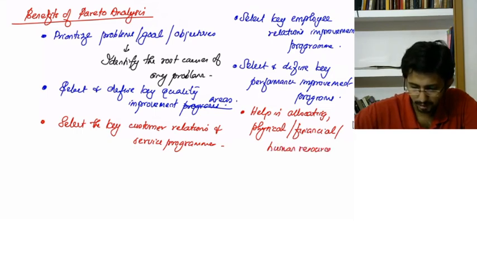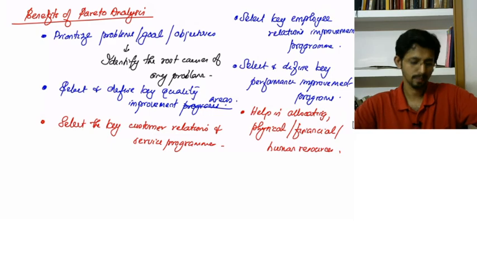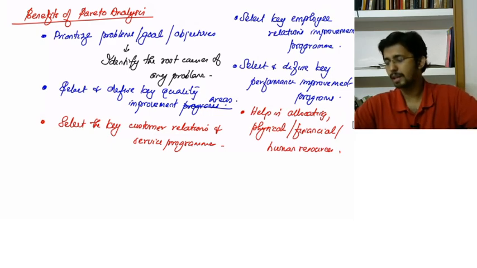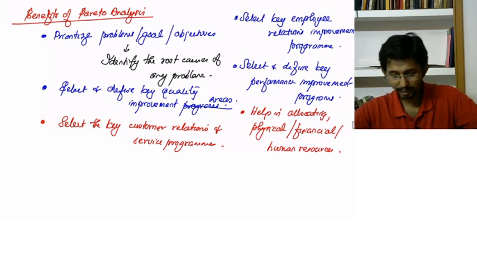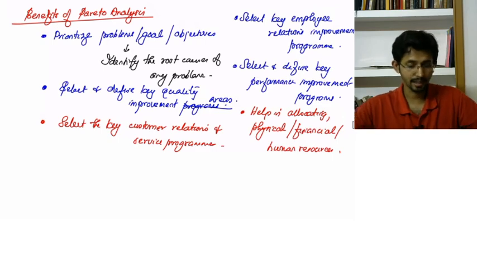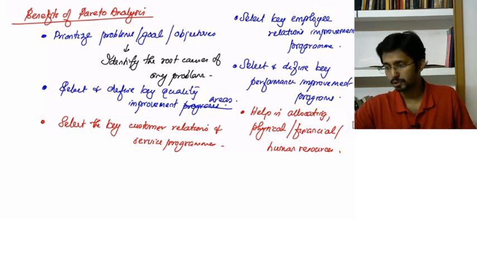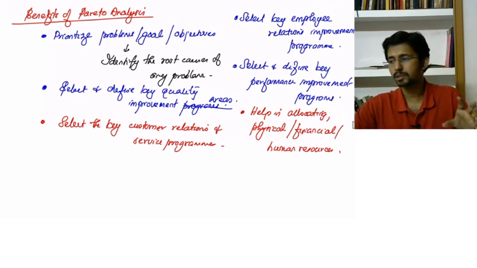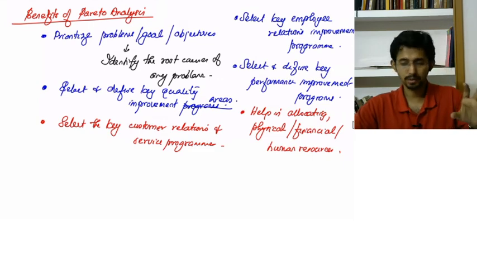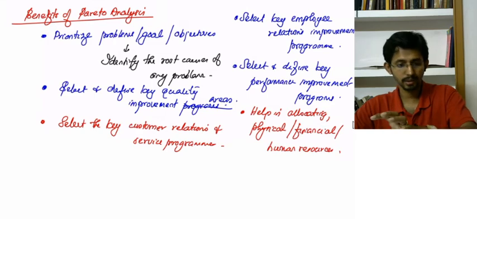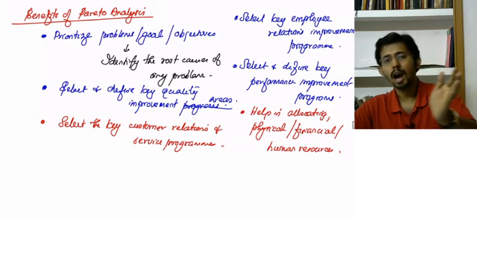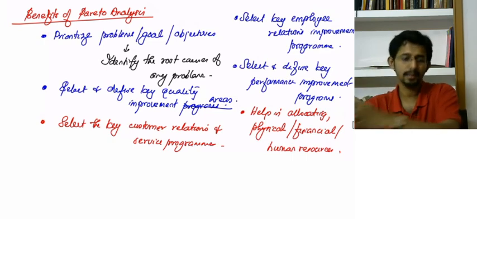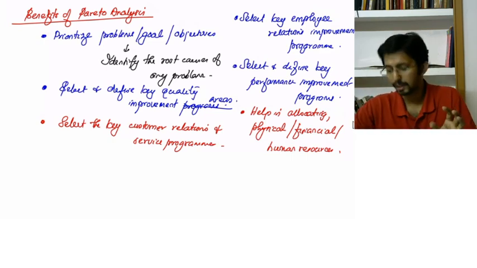Yes, prioritizing, as in the case of Pareto analysis, will help you to allocate your resources, whether physical, financial or human. You allot your resources to the high focus areas, to your key customers, to your key employees, to your key performance measures. You focus only on that and you avoid or sideline the balance. Okay, that is Pareto analysis.